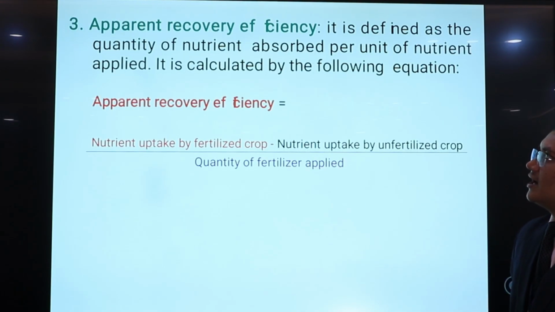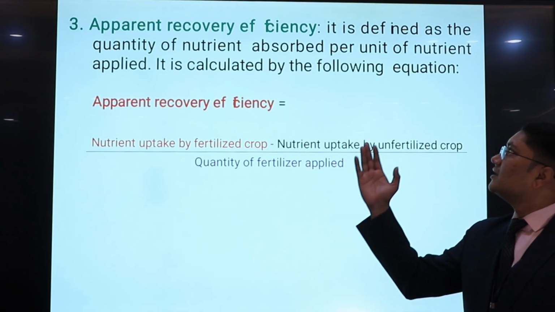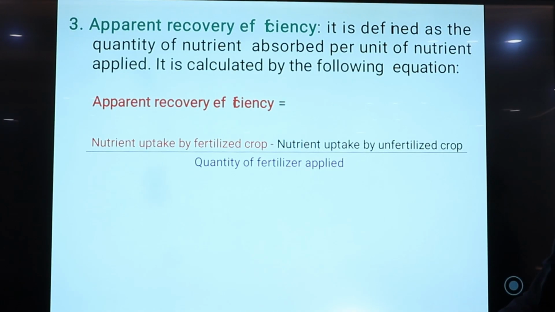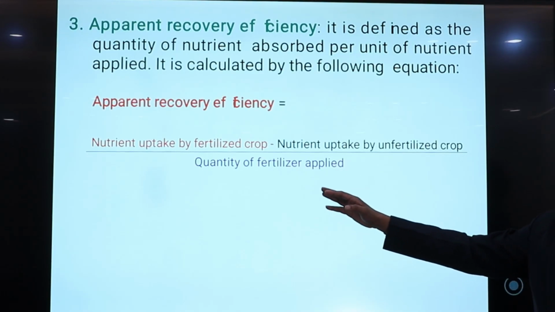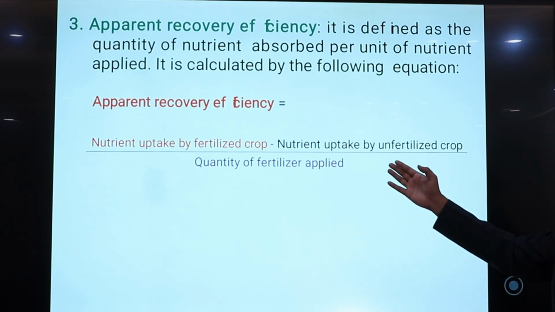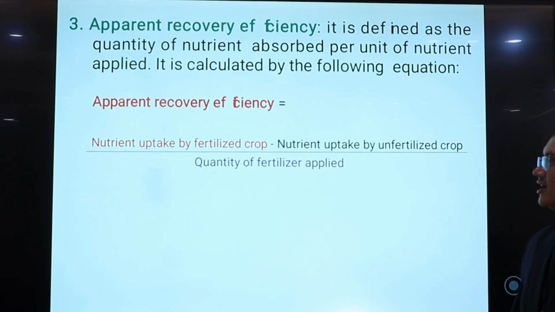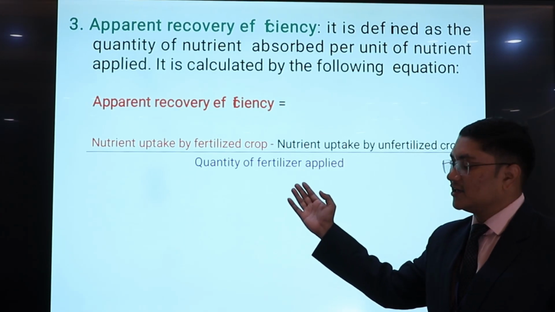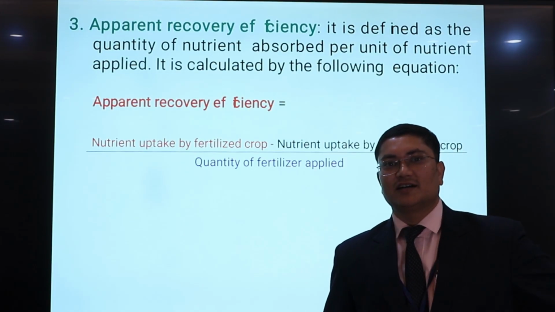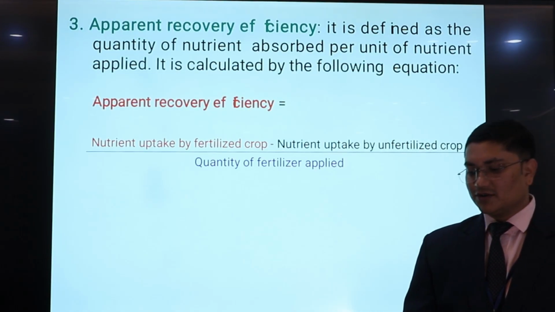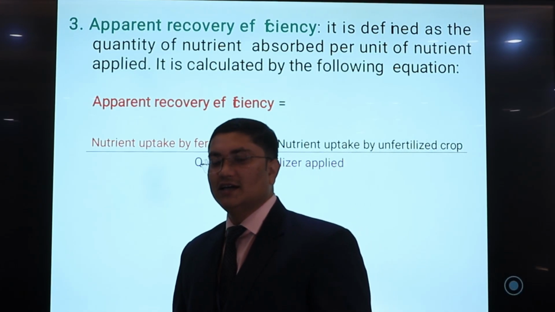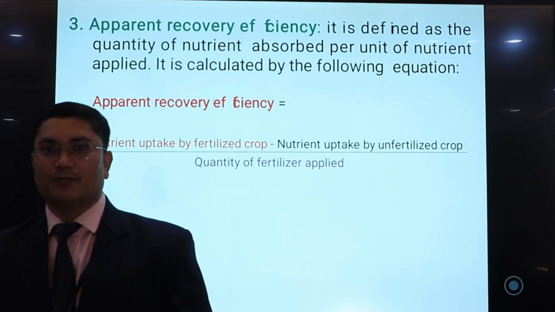And the third one is apparent recovery efficiency. In apparent recovery efficiency, it is the nutrient uptake by the fertilized crop minus the nutrient uptake by the unfertilized crop, divided by the quantity of fertilizer applied in kilograms. By all three methods we can get the nutrient use efficiency, because we see how much fertilizer was applied and how much the plant produced, by the economic yield and by the overall plant.